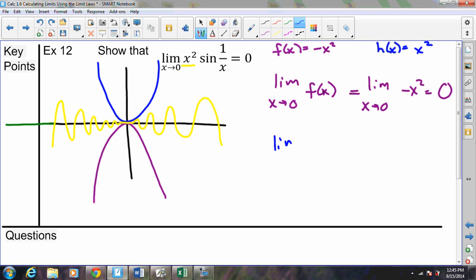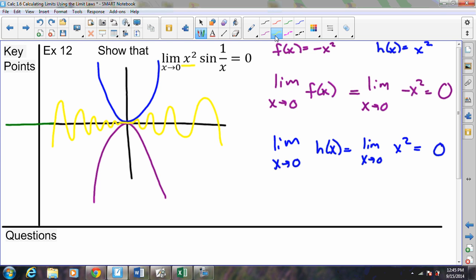And if we take the limit as x approaches 0 of h of x, the top function, that was x squared, it also goes down to a 0. Well, if purple is coming up from the bottom to get to 0, blue is coming down from the top to get to 0, but we also know that yellow is always in between purple and blue.